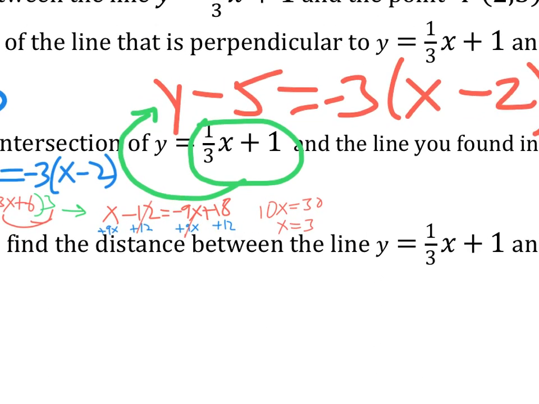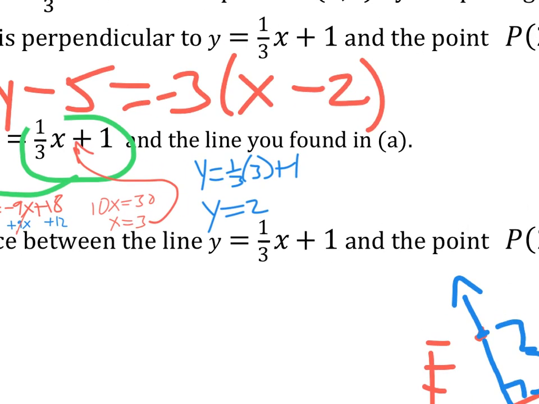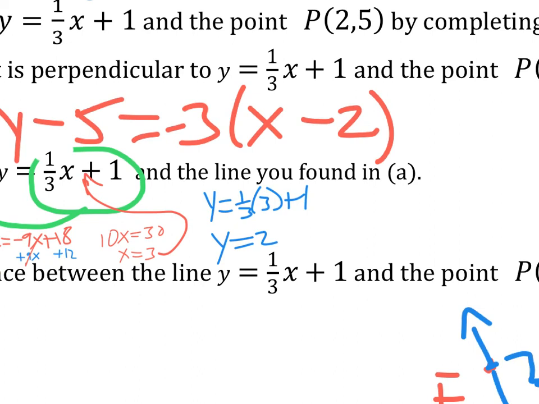We've got to find y. So let's plug this into here. Plug this 3 into that x. Figure out what y is. So y equals 1/3 times 3 plus 1. 1/3 of 3 is 1, so this is 2. So these intersect at the point 3, 2.